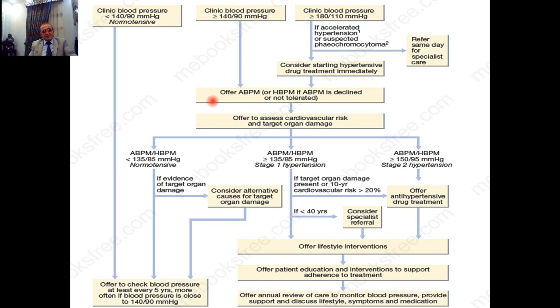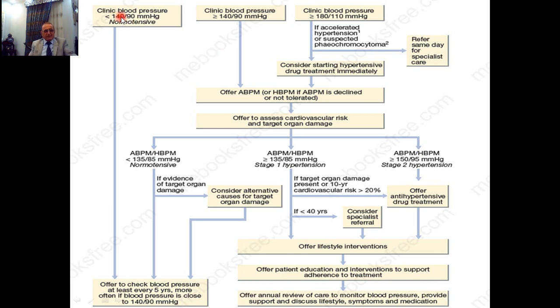This is an algorithm which you can read 2 or 3 times, but you will not believe what is written in it. I will go quickly. If you face a patient, this is the evaluation of the patient's blood pressure in regard to cardiovascular risk.